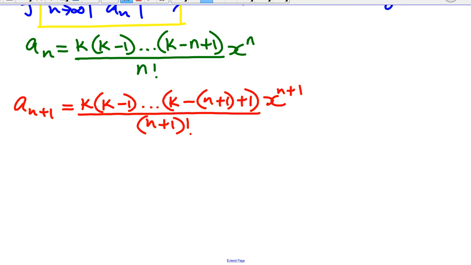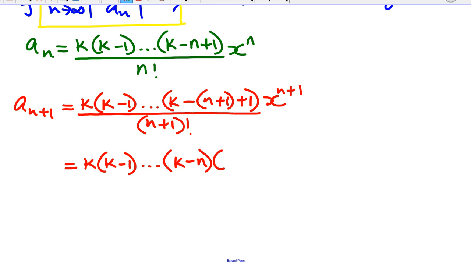All right, so let's carry on. I can simplify this further. This can be given as k into k minus 1 up to k minus n, because this will be just k minus n, if that makes sense.